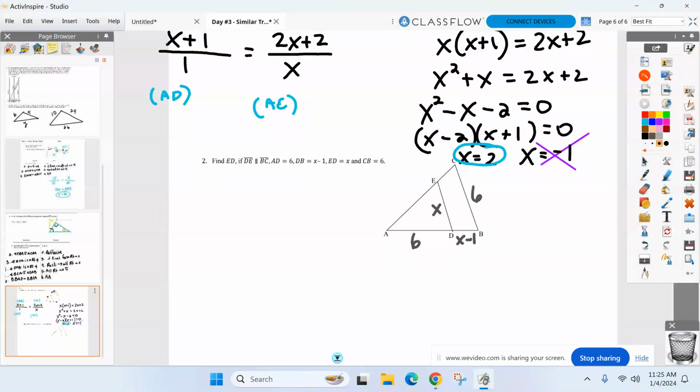Full sides only, right? Full sides only.